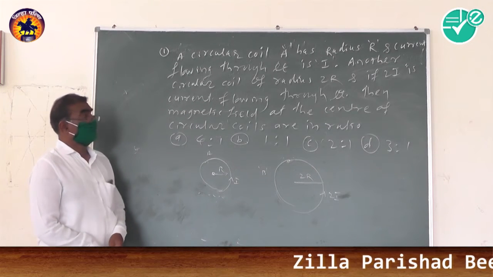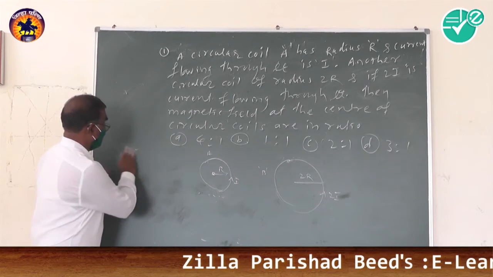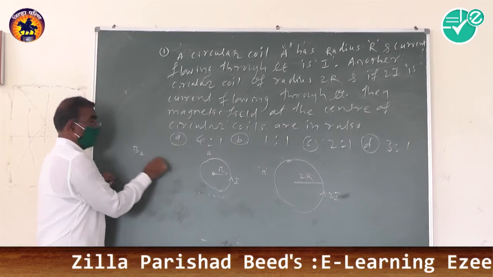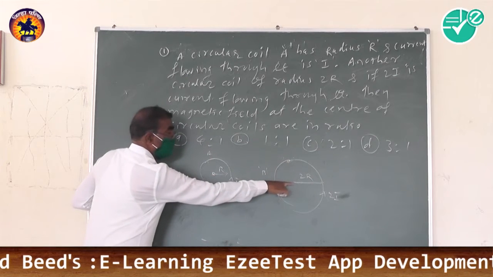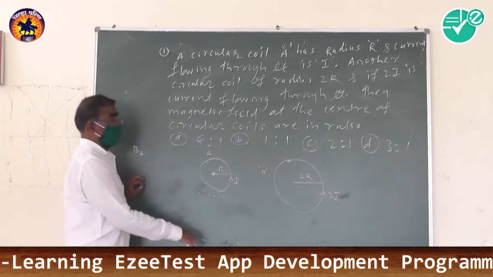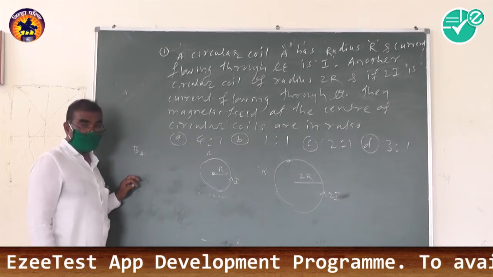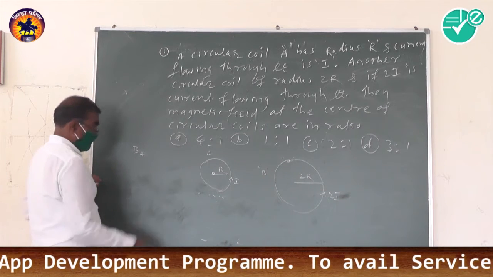We have to find the ratio. BA is the magnetic induction at the center of first coil, and BB is the magnetic induction at the center of circular coil due to the second coil.